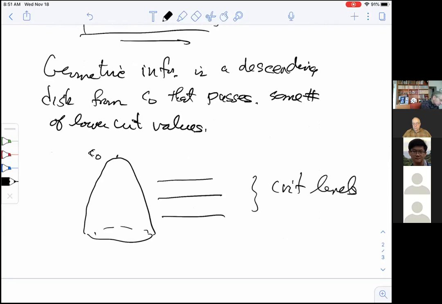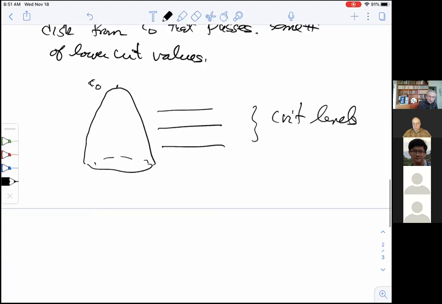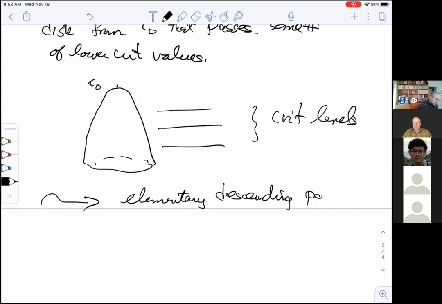And this descending manifold, together with the levels that it passes, produces for us what's called an elementary descending path.